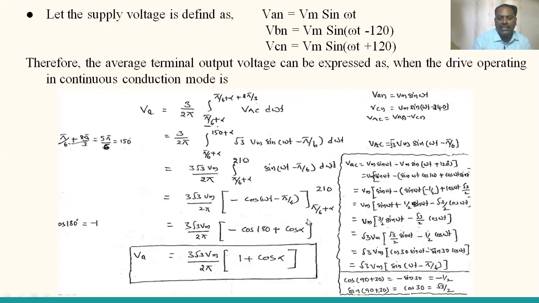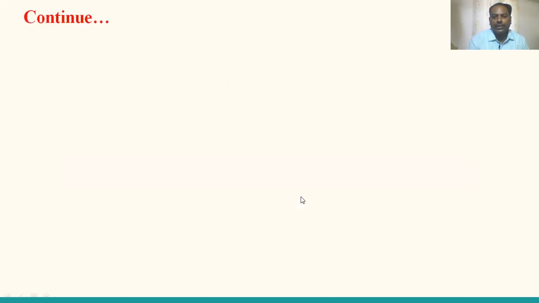Here pi by 6 cancels. Cos 180 is minus 1, so the result is VA equal to 3 root 3 Vm by 2 pi into 1 plus cos alpha. This is the average output voltage.